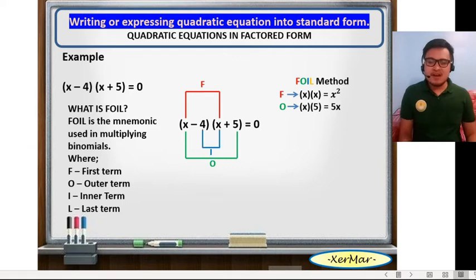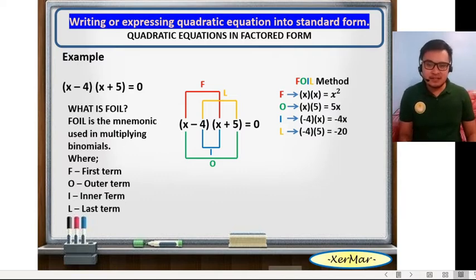Next, for I, we have negative 4 times x equals negative 4x. Next, the L, or the last terms, which are negative 4 and 5. If we multiply, the answer is negative 20.